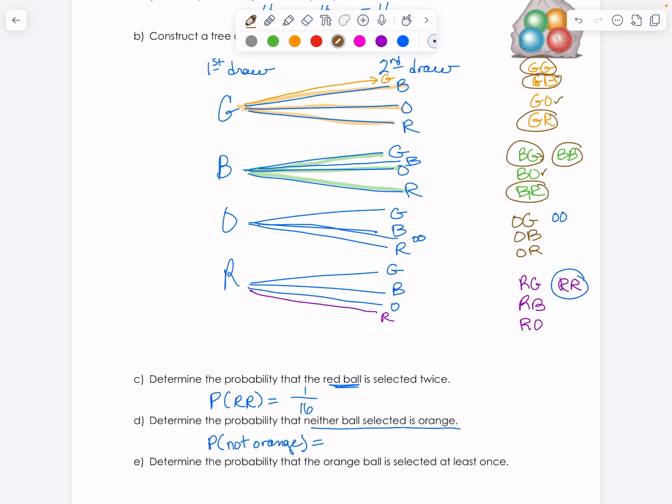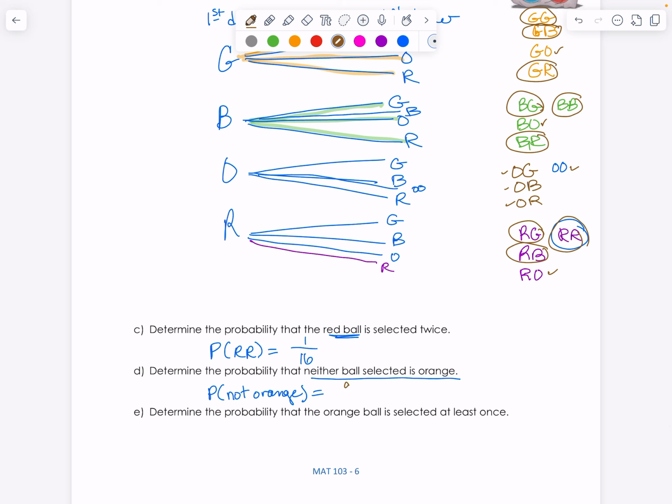All of these, I'm not going to do any of those, because they're all orange. So that one, and that one, and that one. Let's see how many I circled. 1, 2, 3, 4, 5, 6, 7, 8, 9. I circled 9. So 9 out of, we said there were 16. 9 out of 16 are not orange. I don't believe that reduces.